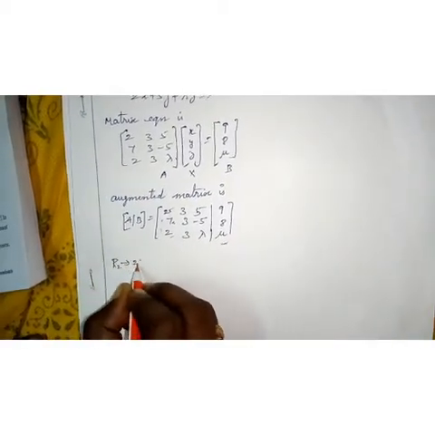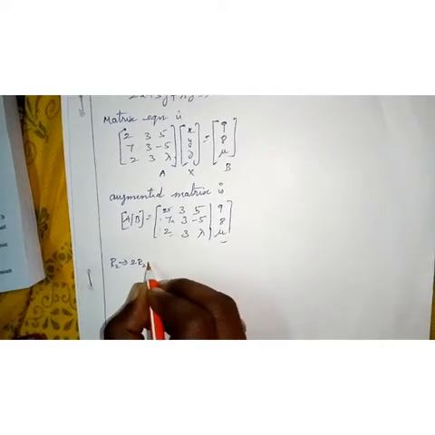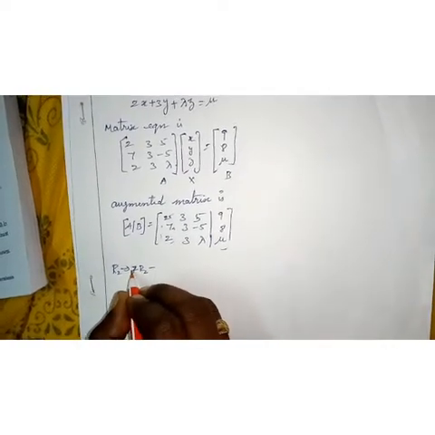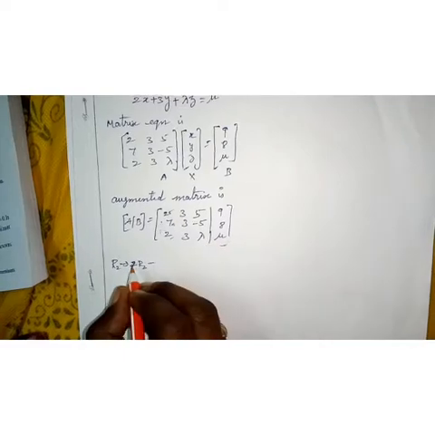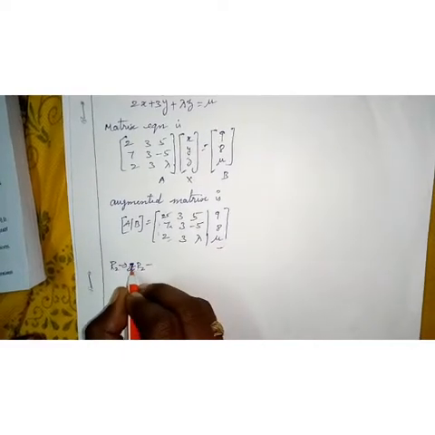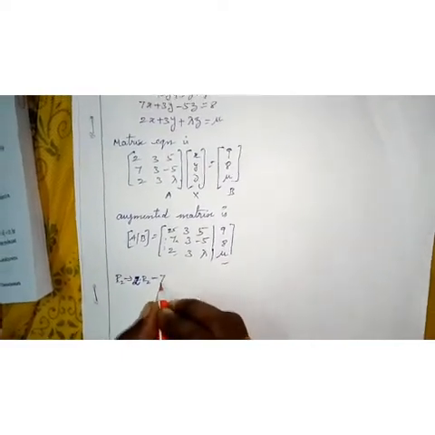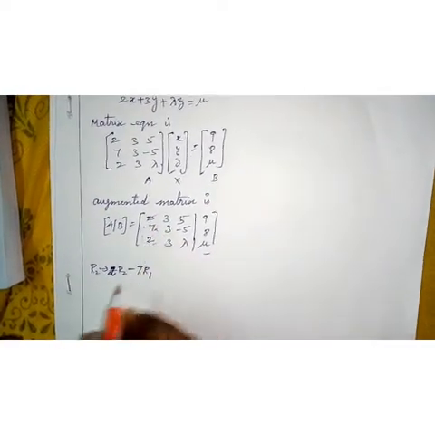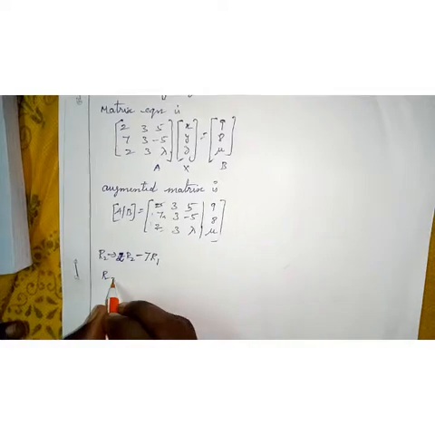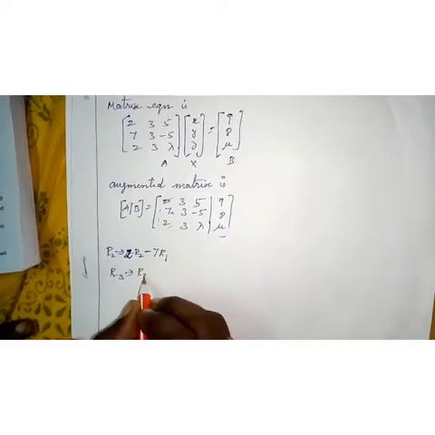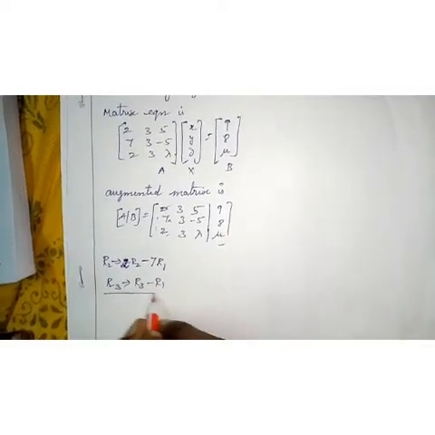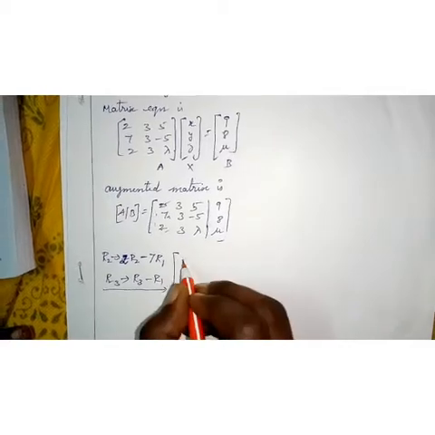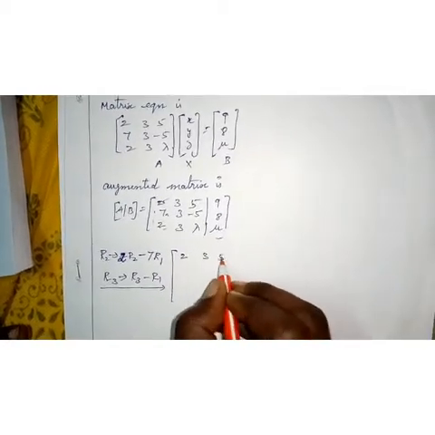R2 gives 2 times R2 minus 7 times R1. R3 is the same, so R3 gives R3 minus R1. Is it clear? Then write the first row.